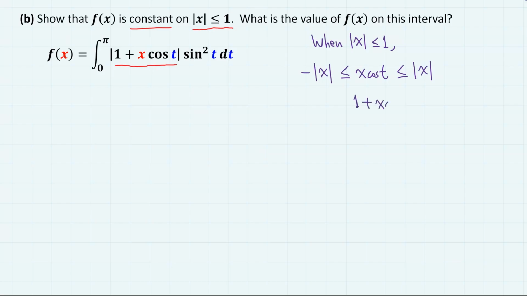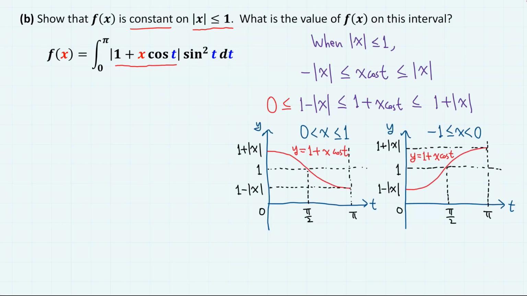Therefore, 1 plus x cosine t is less than or equal to 1 plus the absolute value of x and greater than or equal to 1 minus the absolute value of x, which is greater than or equal to 0. That is, the graph of 1 plus x cosine t does not fall below 0 in our interval of integration.